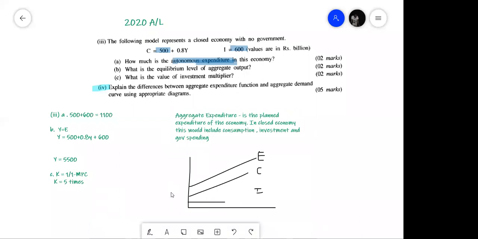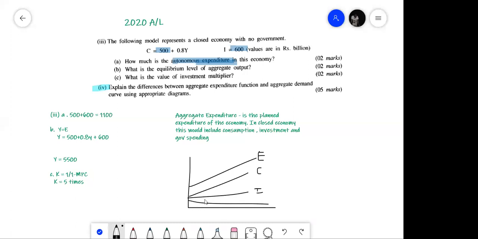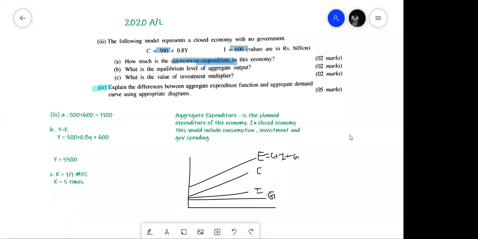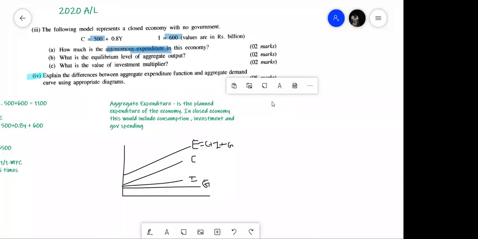Okay, so you can say this is what aggregate expenditure is. So E is equal to C plus I plus G. That is aggregate expenditure. Then what is aggregate demand?